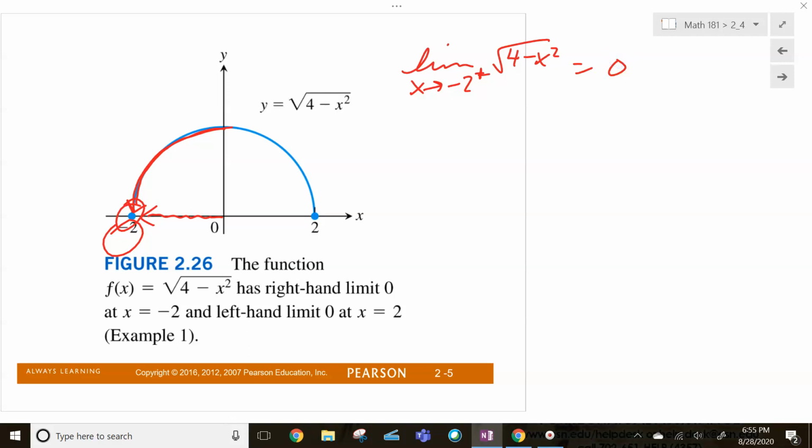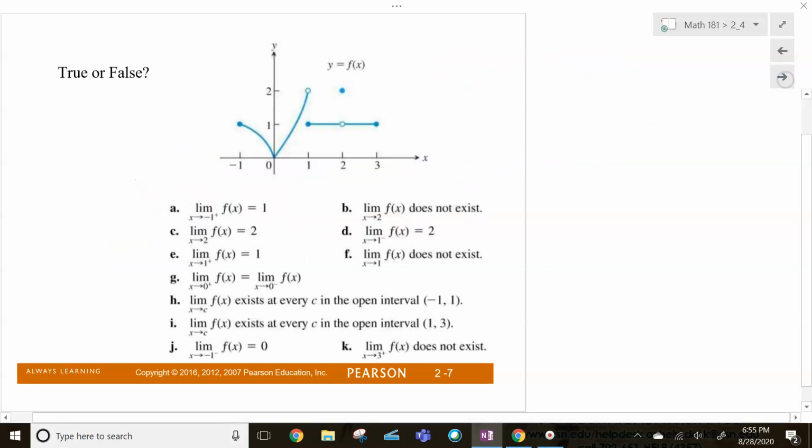How about if I'm examining the limit as x approaches 2 from the left, because this thing is defined from the left, right? I have to follow it from the left. And it's approaching a y value of 0. All right, so again, that's an example of a one-sided limit.